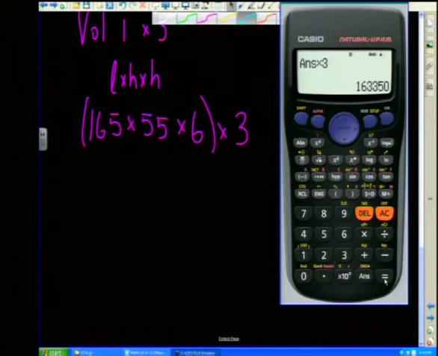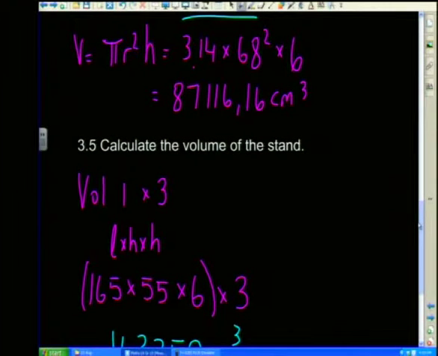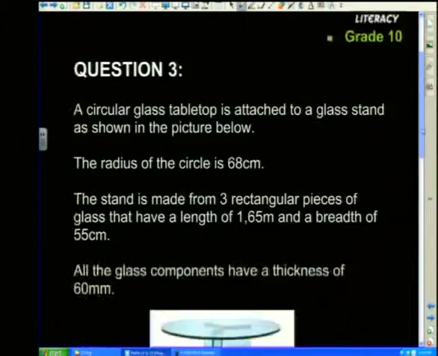So 163350. And again, what are we dealing with? Centimeters cubed. Let's move on to the next part of the question.